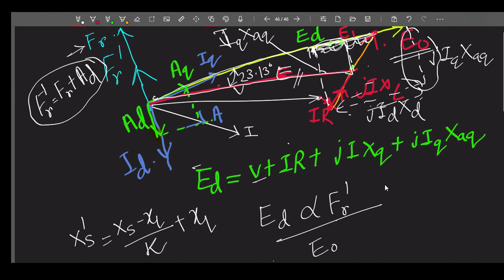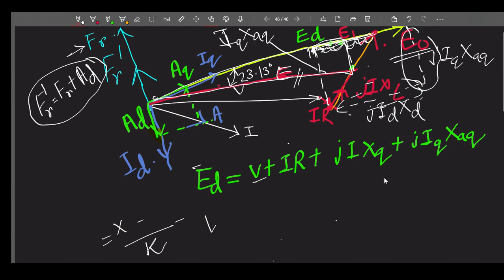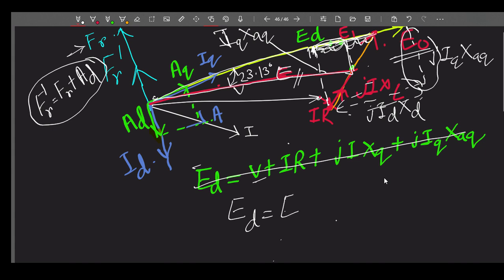So we can write ED is equal to, instead of exploiting this complicated equation, we can drop it and use ED is equal to E cos of this angle, 23.13 degrees.